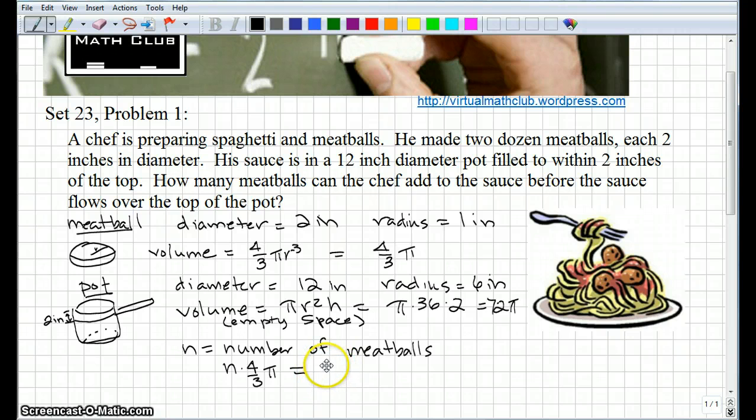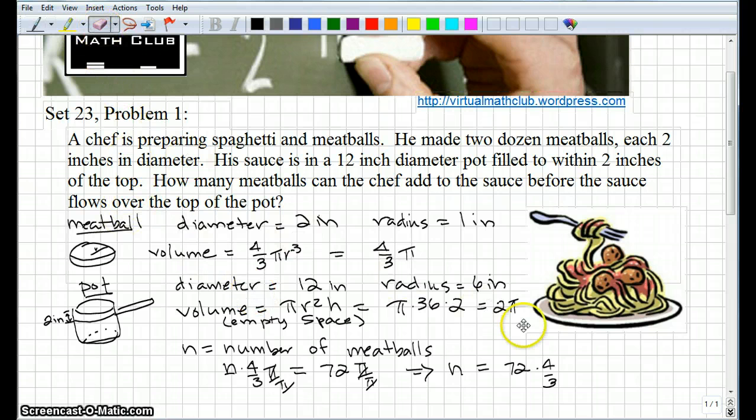So when that's equal to 72 pi. Now we just need to solve for n. If we divide both sides by pi, pi over pi is just 1, so pi goes away. So we end up getting n is equal to 72 times, oops, not 4/3, sorry, 3/4, because we want to multiply by the reciprocal.